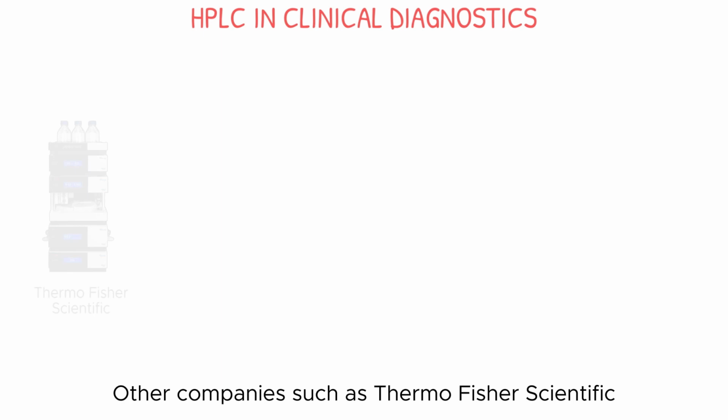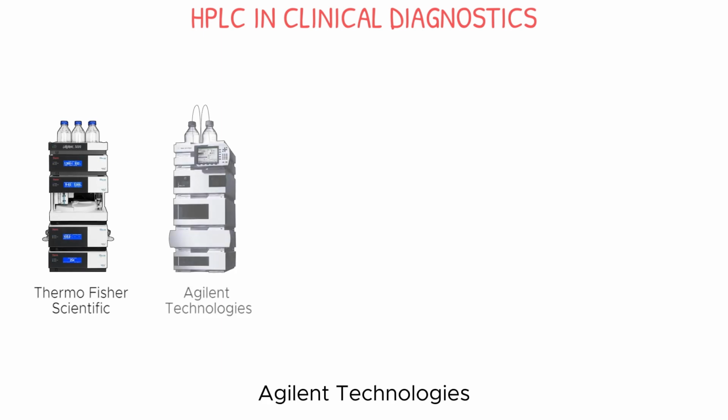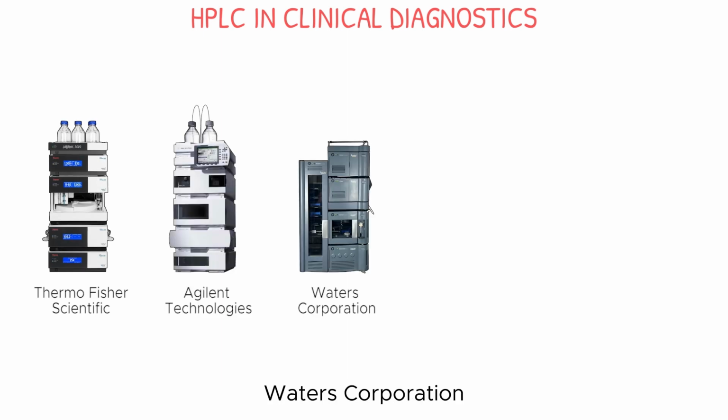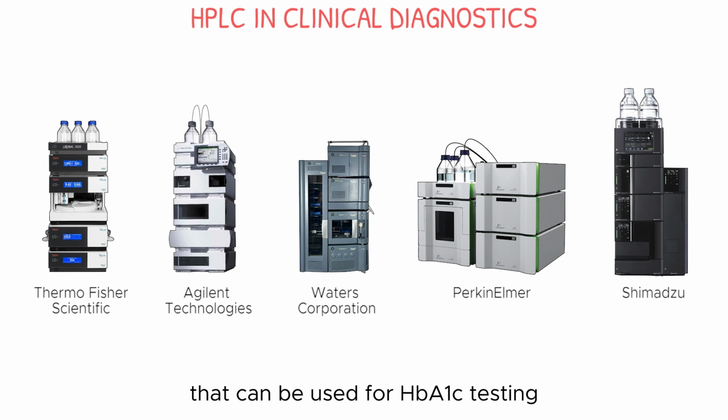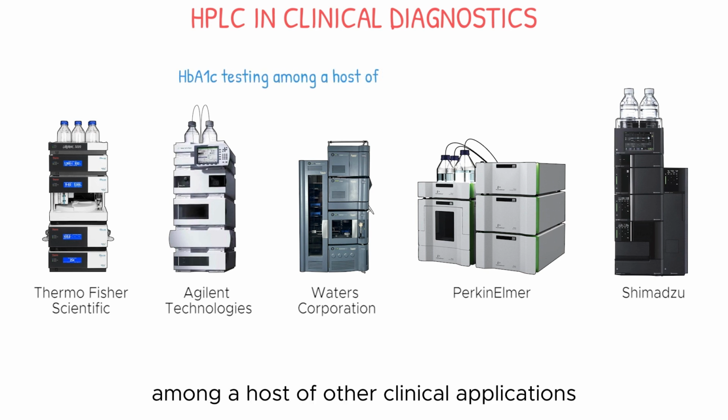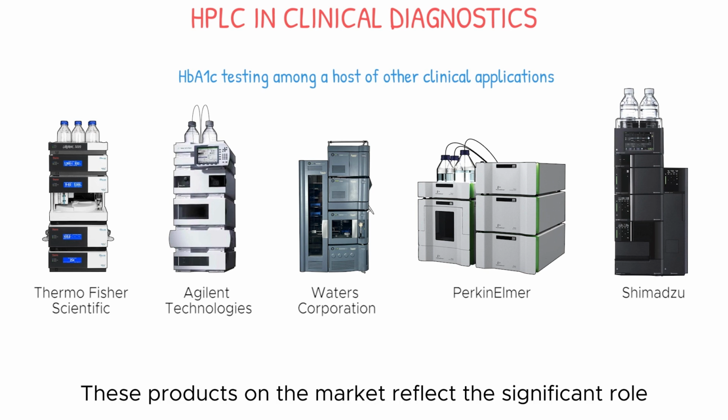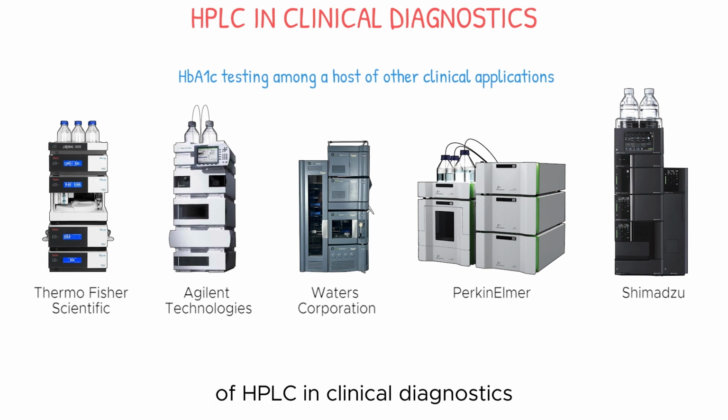Other companies such as Thermo Fisher Scientific, Agilent Technologies, Waters Corporation, PerkinElmer, and Shimadzu offer flexible HPLC platforms that can be used for HbA1c testing among a host of other clinical applications.